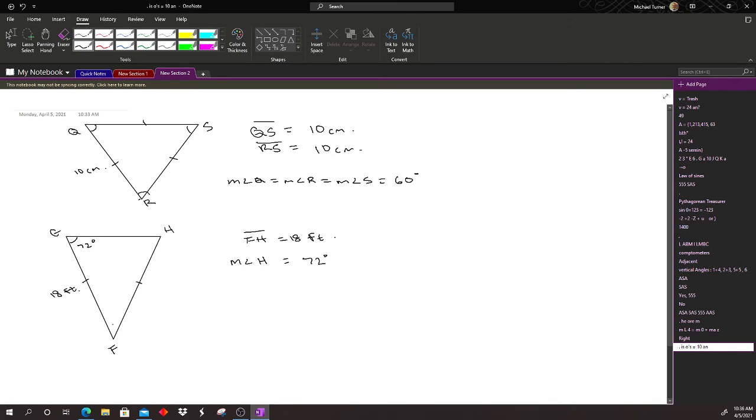So it would be fair game to ask you what the measure of angle F is also, knowing that, by definition, H has to be 72 degrees. And then to determine angle F, that would be 180 minus the two angles we know, which would add up to 36 degrees.